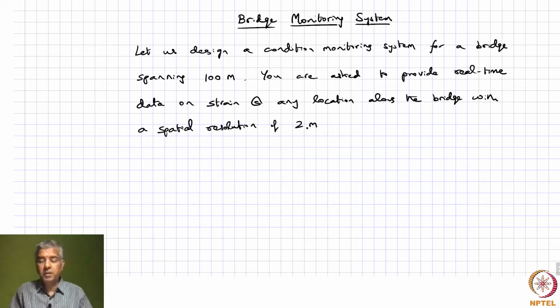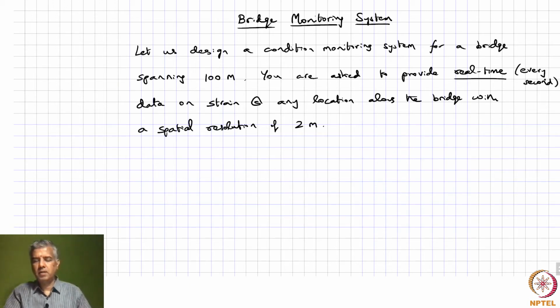Every 2 meters you need to make a measurement of the load that you have on this bridge, and you need to do that in a real time manner. So let's say we have to provide the load data on the bridge once every second.